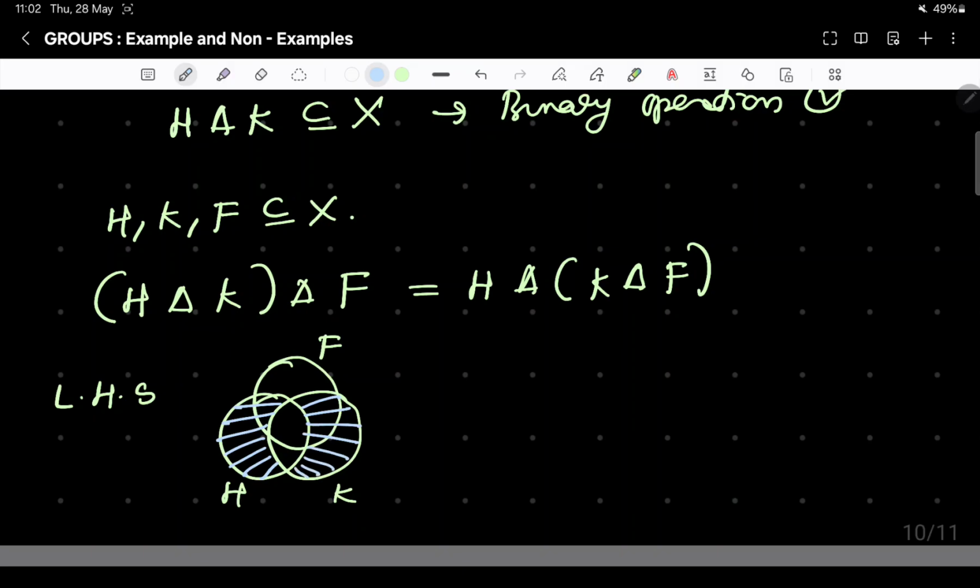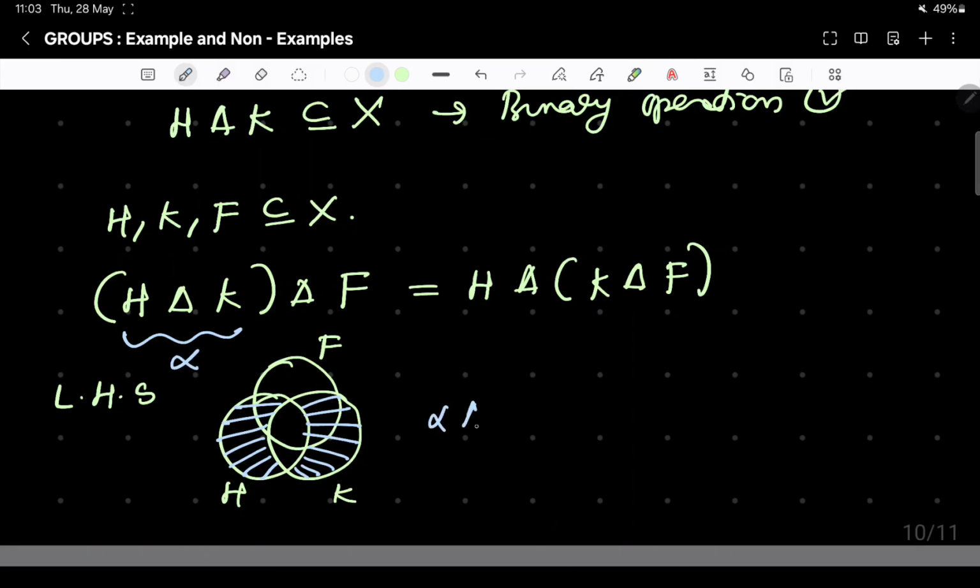Then you are taking symmetric difference with F. So what is the symmetric difference with F? Let's take H symmetric difference K, and this is equal to some alpha.